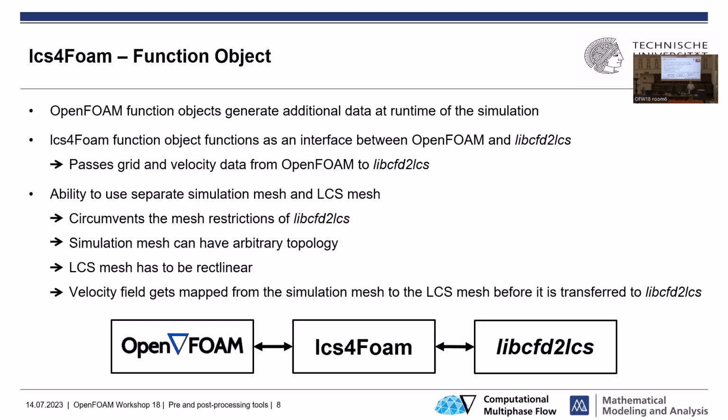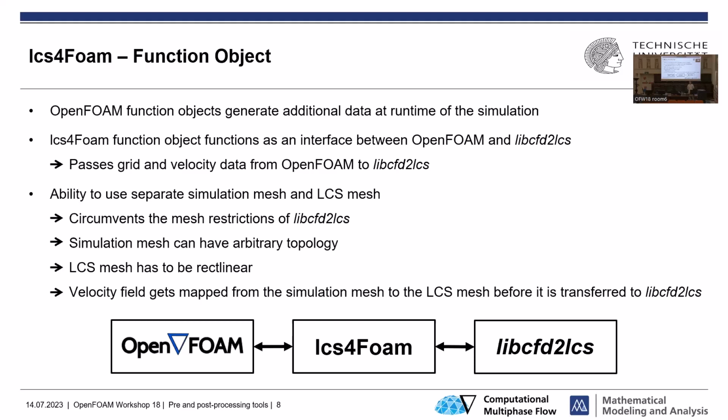We surpassed the limitation of the rectilinear mesh form that libc2lcs has to use by optionally making available a different mesh for the LCS evaluation. So you have your normal mesh for your CFD computation, and then you have a rectilinear mesh on top, which is then only used for your LCS evaluation.